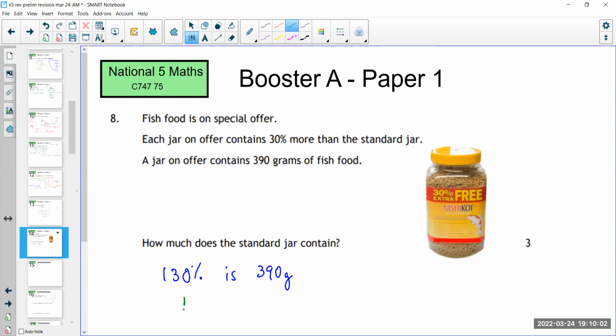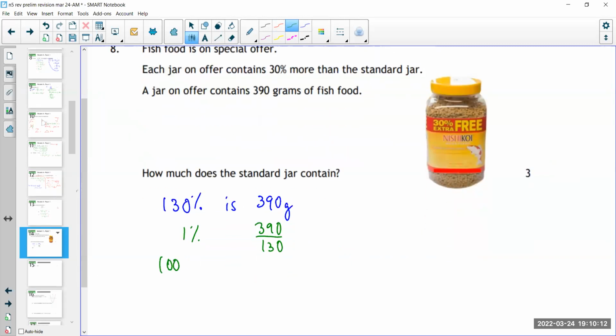So you can find 1% by dividing 390 by 130. And once you've got that, you find 100% by timesing all this by 100. So 390 times 100 divided by 130, and I get 300.